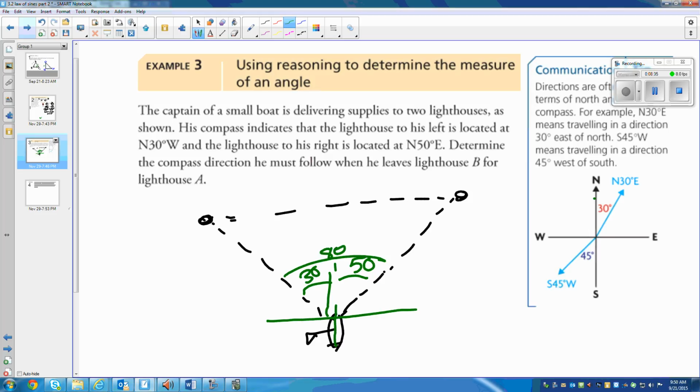Now it says, determine the compass direction he must follow when he leaves lighthouse B for lighthouse A. So his compass indicates his left, north. So this must be lighthouse A over here. And this must be lighthouse B over here. Now, if I draw this never eat shredded wheat kind of sign here, we have east-west lines which run parallel.